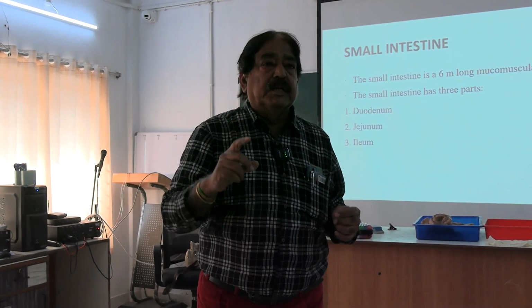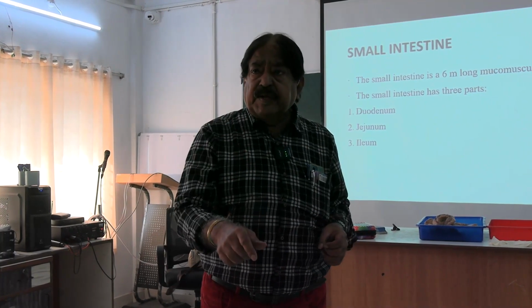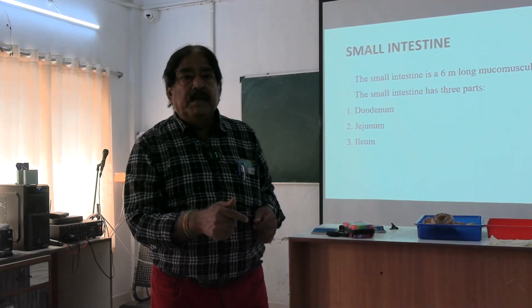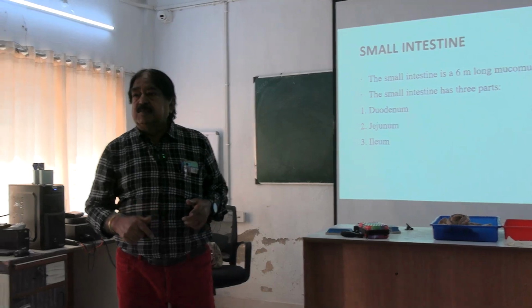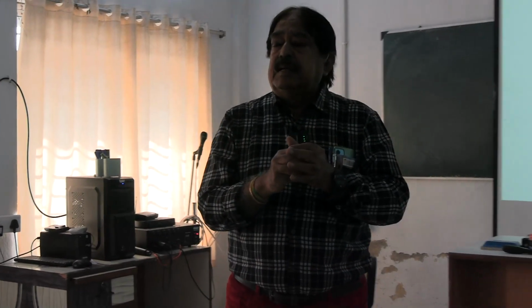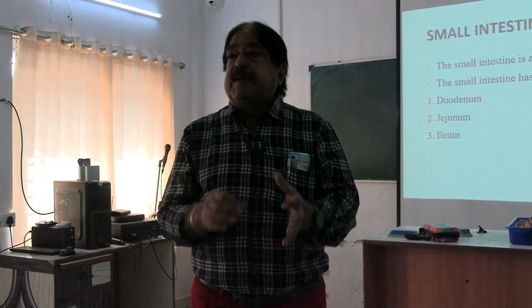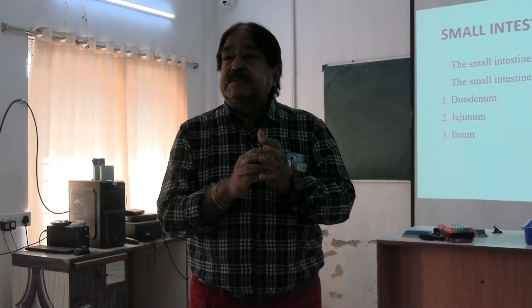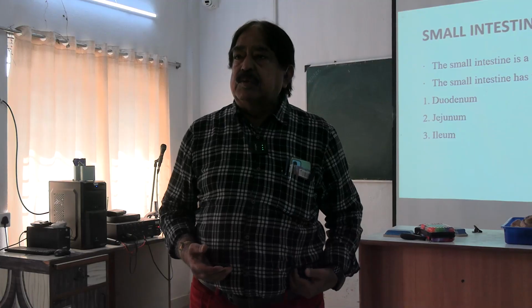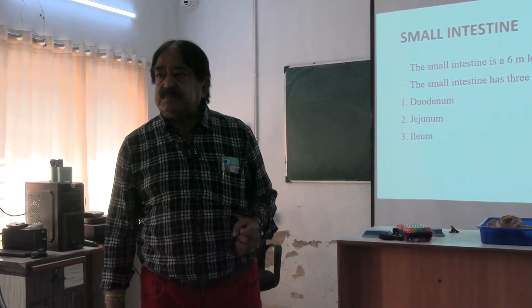Your food goes from the oral cavity down the oropharynx, then into the esophagus, then into the stomach, into the duodenum, then the jejunum, and then the ileum. The ileum ends at the ileocecal valve. Just below it is the appendix, and the cecum is there, and the large intestine has the ascending colon, transverse colon, descending colon, pelvic colon, rectum and anal canal.